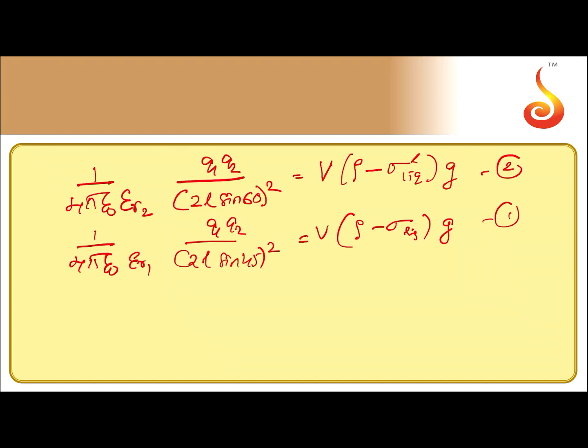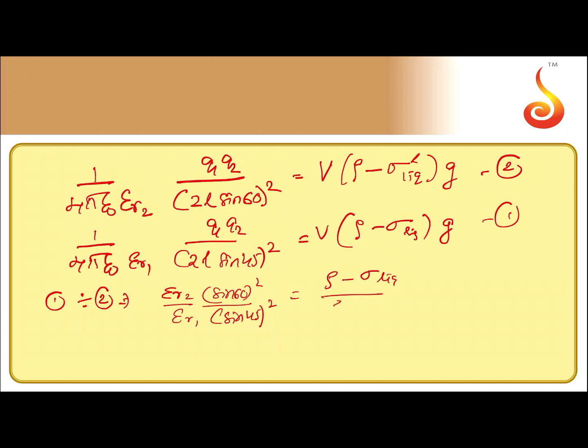So if I divide equation 1 by 2, what do I get? I get epsilon r2 divided by epsilon r1 into sin squared 60 divided by sin squared 45 is equal to rho minus density of liquid, rho minus rho dash of liquid.